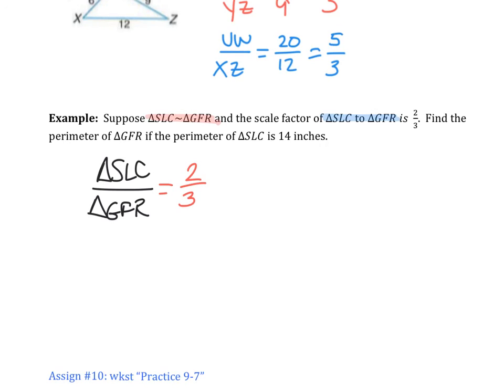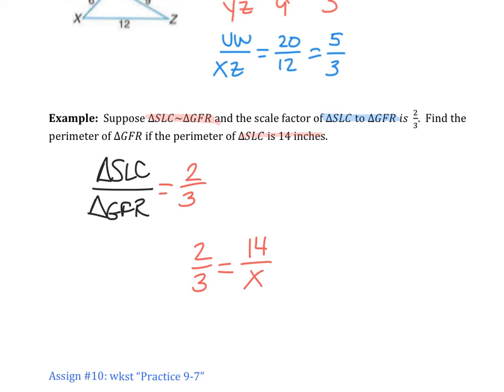We're trying to find the perimeter. I already know my perimeter of SLC is 14, and the perimeter and the sides are all the same proportion, so I'm going to use that 2/3. So 2/3 is equal to 14 over x, since SLC is my triangle that goes on top.